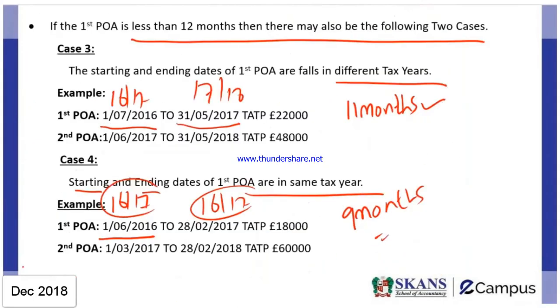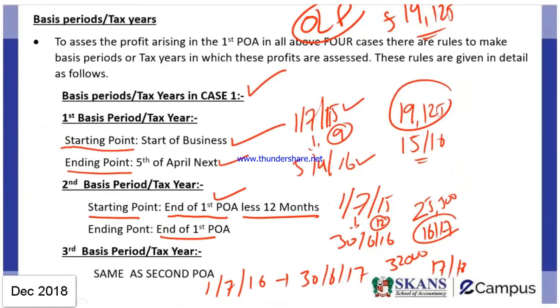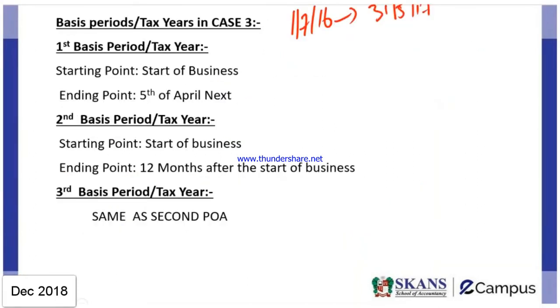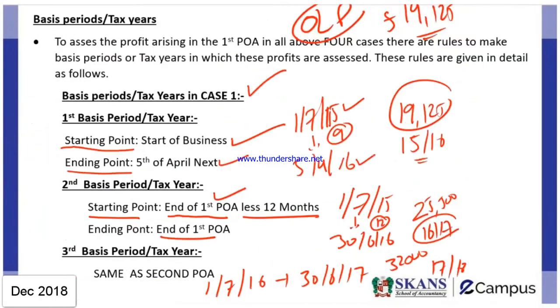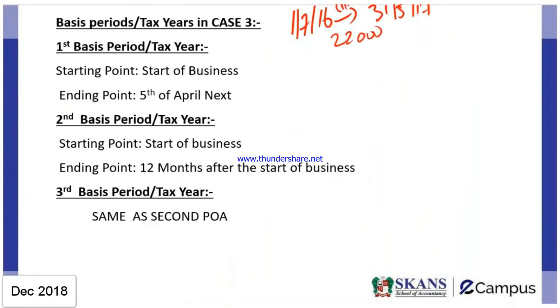The start date is 1st July 2016 and it ends the period on 31st May 2017, and the profit in the example is 22,000 for 11 months. Okay.